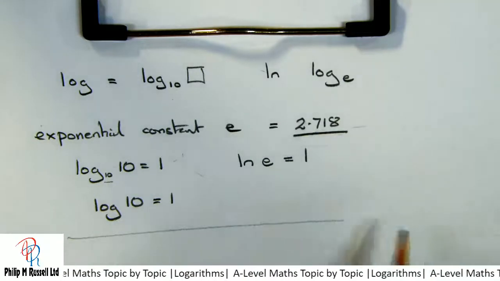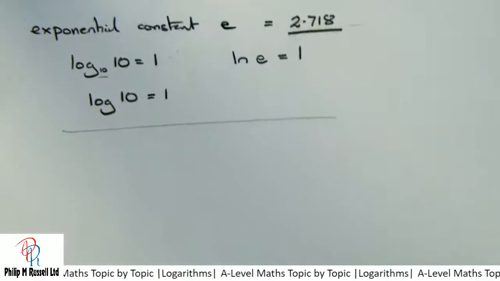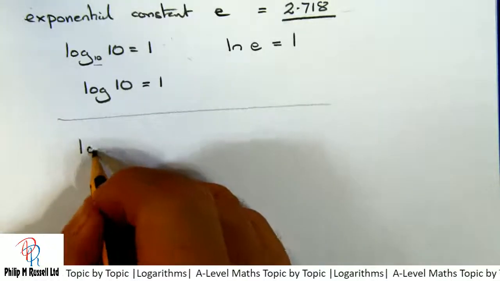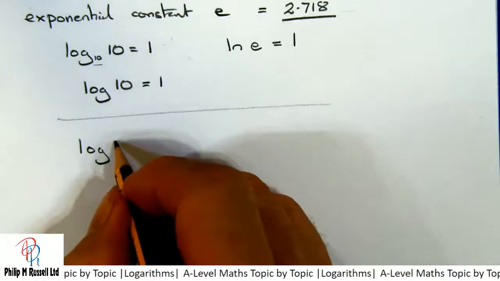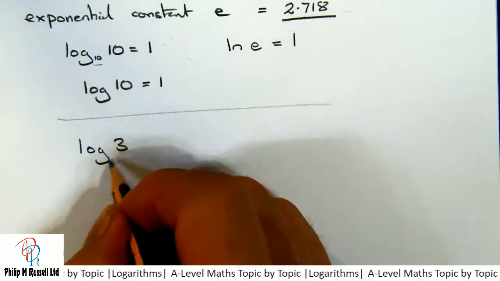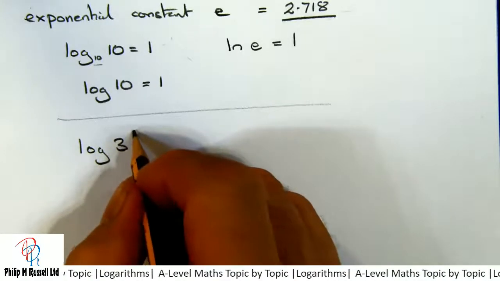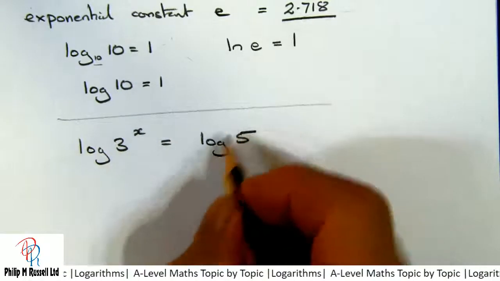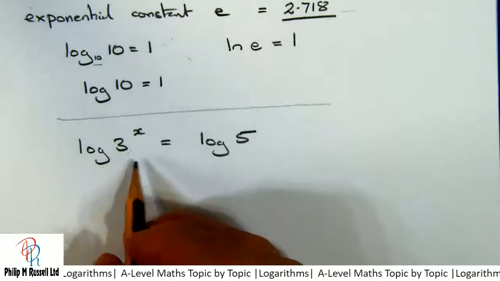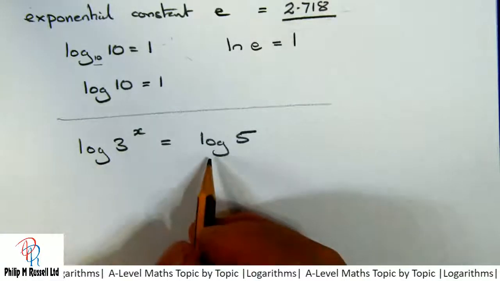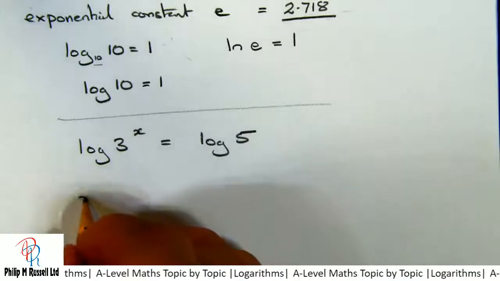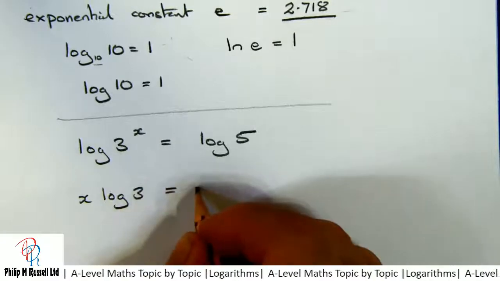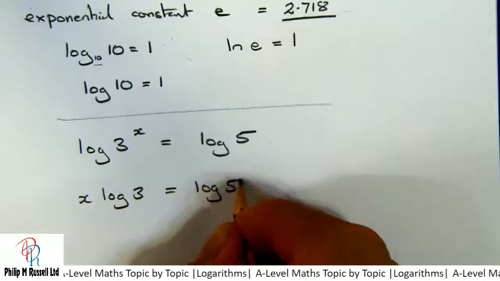Right, let's suppose we've got a sum to try and do, and someone says, okay, log base 10 of 3 to the x equals the log of 5. Using our rules of logarithms, I can say that x times log of 3 equals the log of 5.